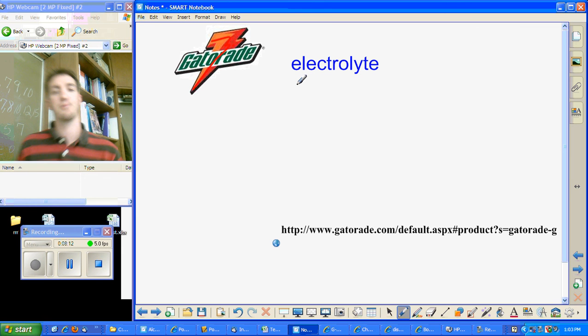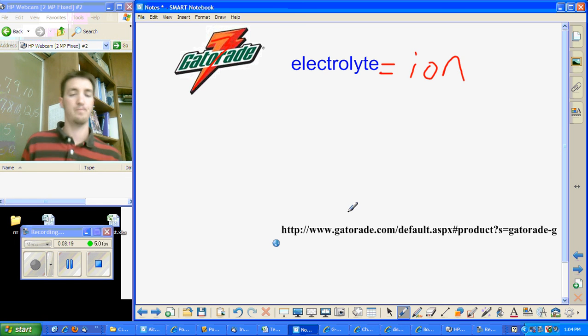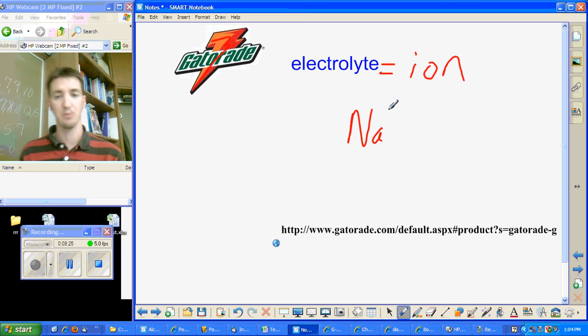But basically an electrolyte is an ion. We know already an ion is an atom with a charge. So it doesn't have sodium in it, because that would explode. It has sodium ion in it. It doesn't have potassium in it, because that would explode even bigger. It has potassium ion.